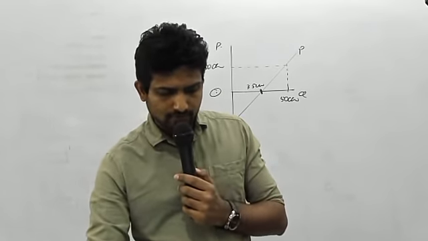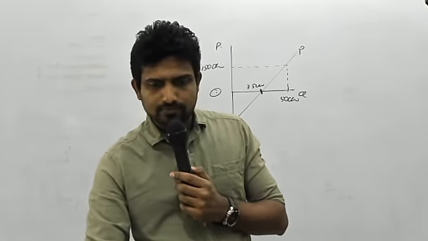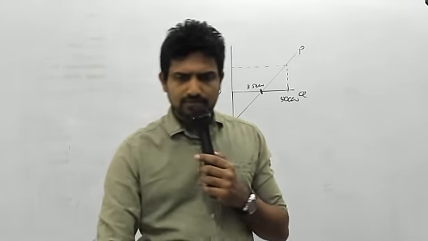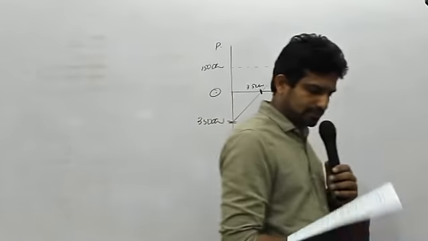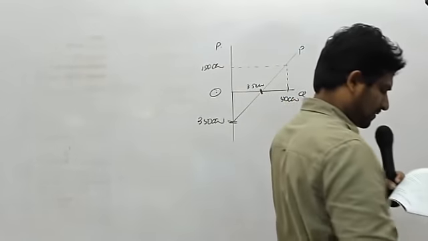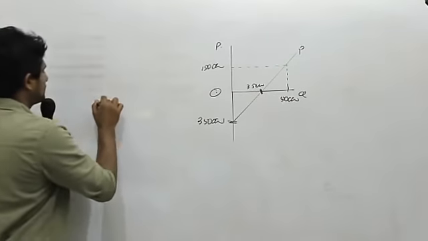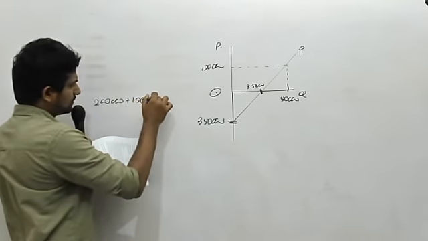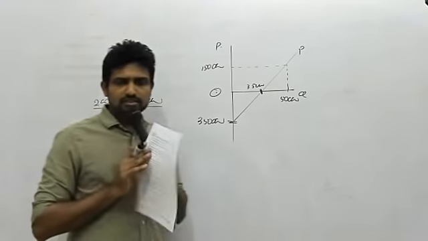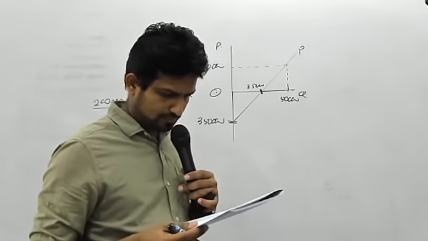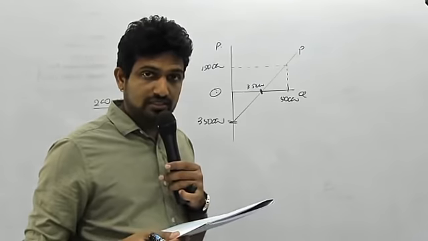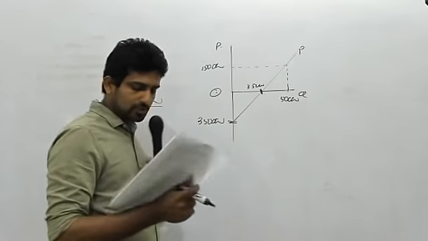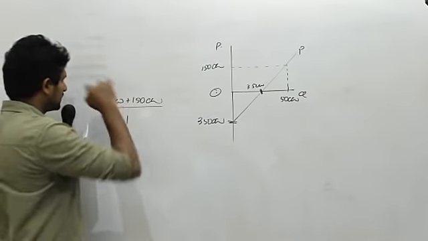What is the answer? Fixed cost is 200,000. Expected profit is 150,000. This is divided by 21. Actually they are asking amount, I think, not the quantity. They are asking not the quantity, it's the amount, right?